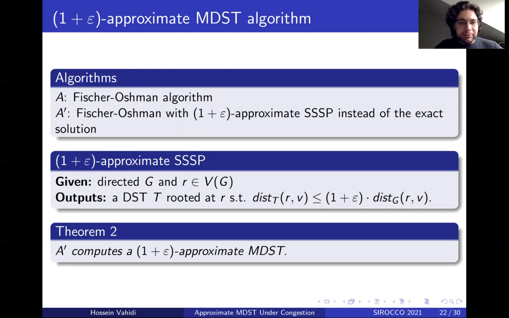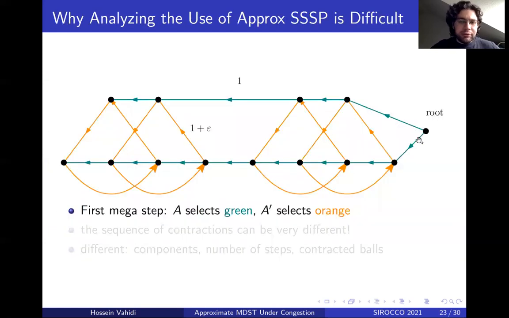Let's see an example here to make it clear. For example, consider this graph where these green edges cost exactly 1 unit and the orange ones weigh 1 plus epsilon units. If we run the exact Fischer-Hossein algorithm here, in the first mega step, we get all the green edges, which is actually the MDST that we are looking for, and the algorithm ends.